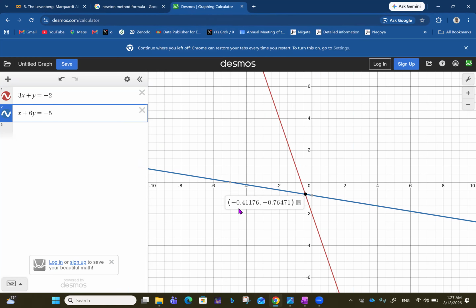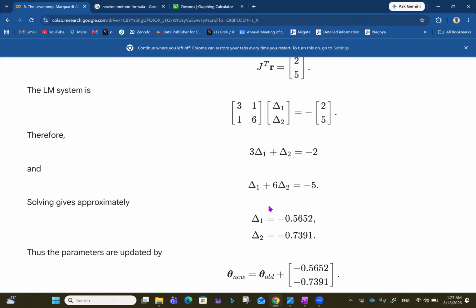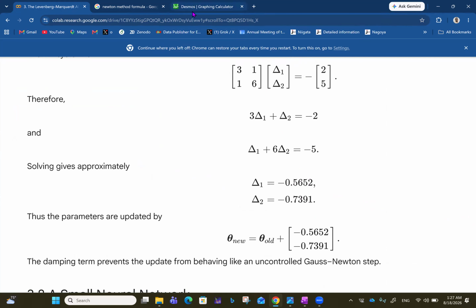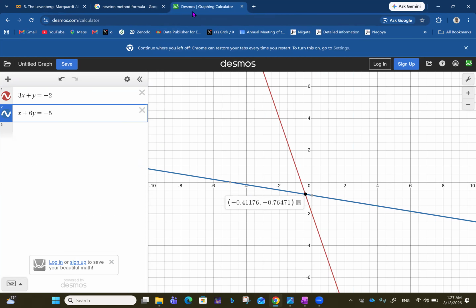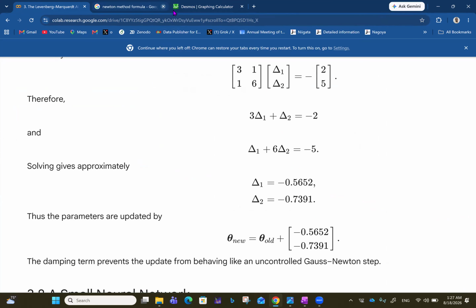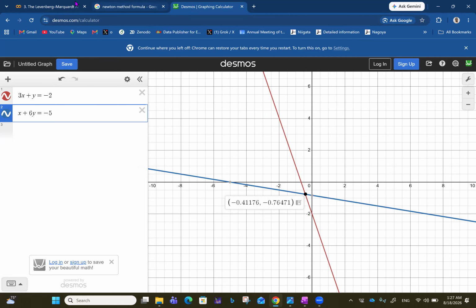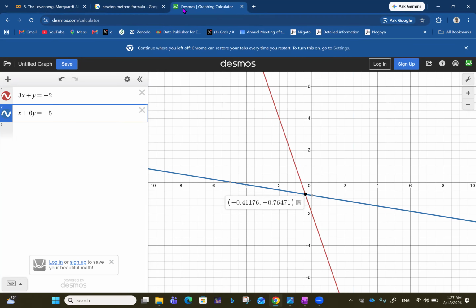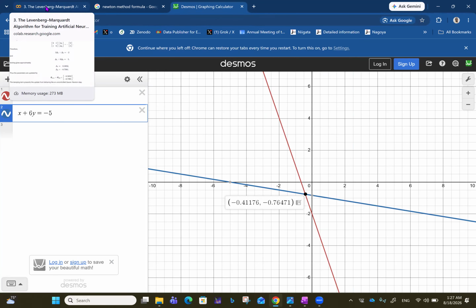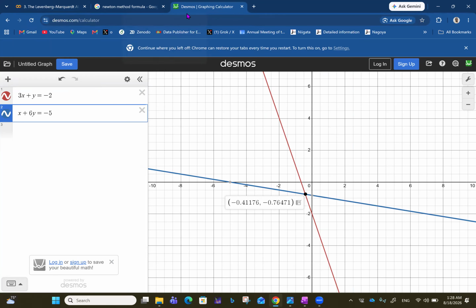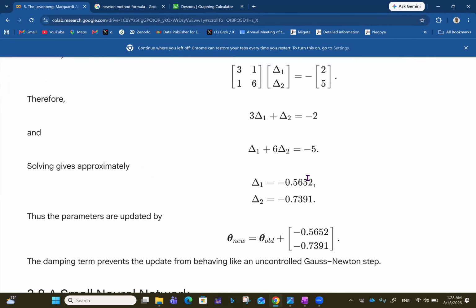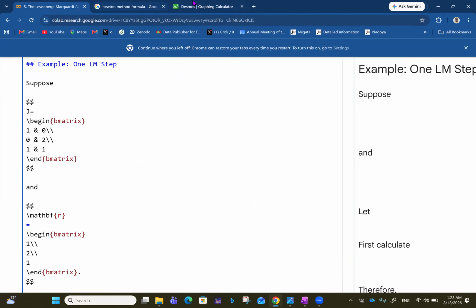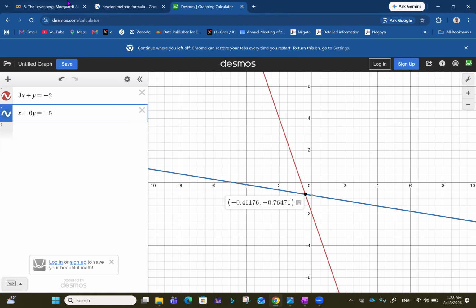The solution is somewhere around minus 0.41, minus 0.76, but something is a bit off here, so we can easily correct this. 3x plus y is minus 2, then x plus 6y equals minus 5. So x is minus 0.4118, right?